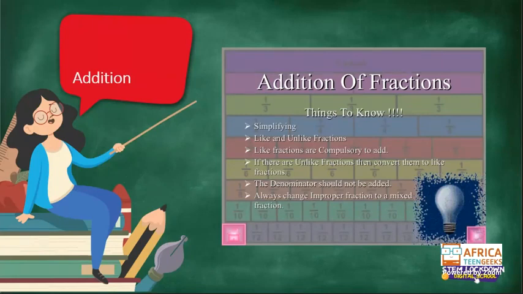Always change improper fraction to a mixed fraction, which is what we did yesterday. So these are the things that you need to know before you do the addition of fractions.